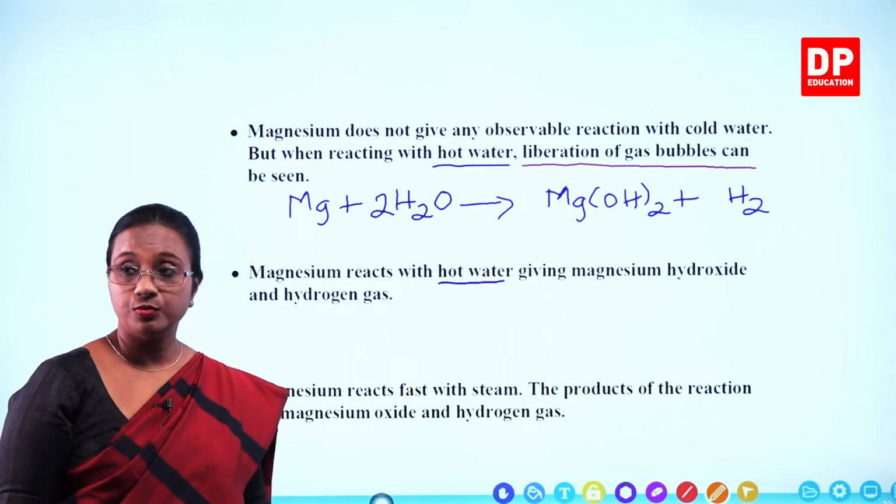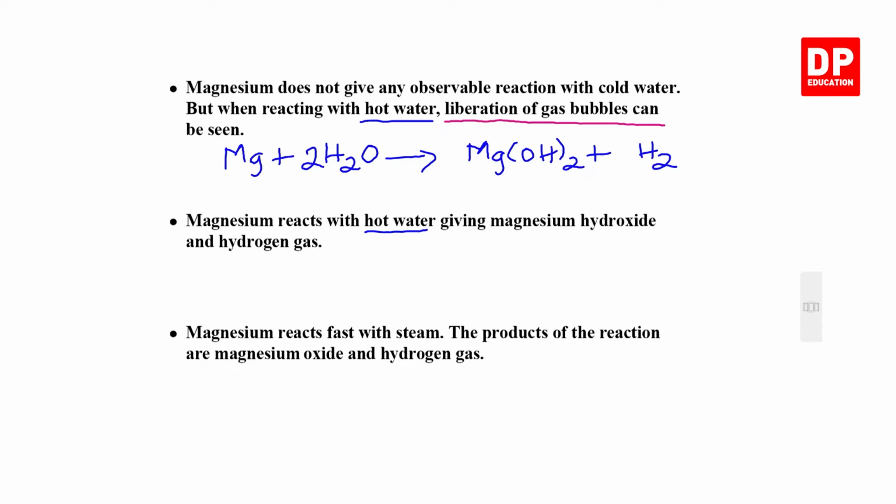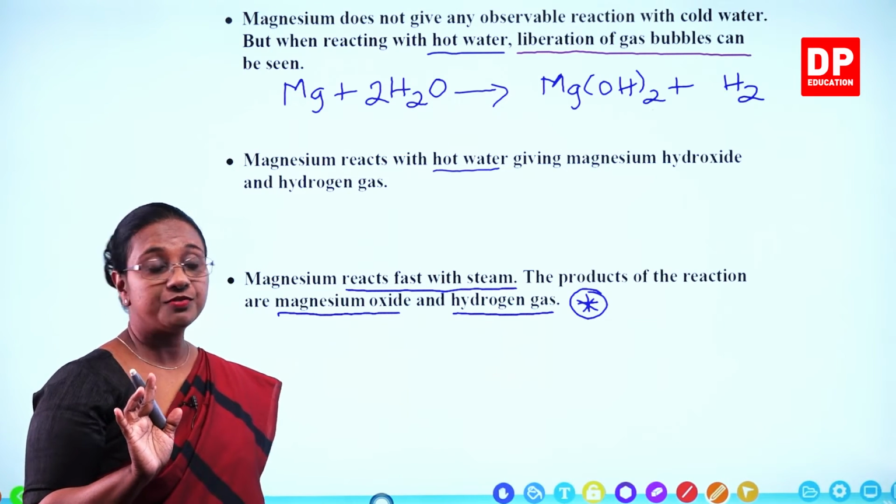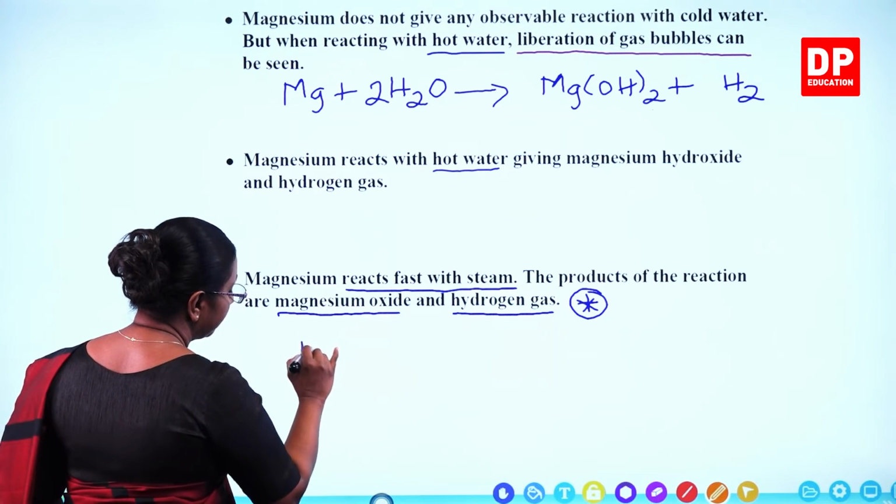Magnesium with hot water. So then if we look at magnesium, magnesium reacts fast with steam. So that is water vapor. The products of the reaction are magnesium oxide and hydrogen gas. Important. You have to remember that. I already wrote the equation for you all. You can remember that.